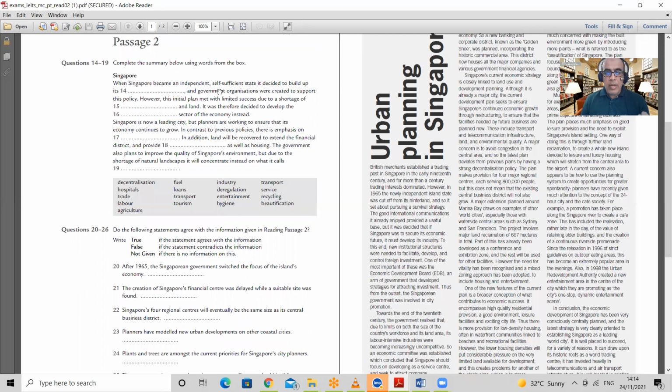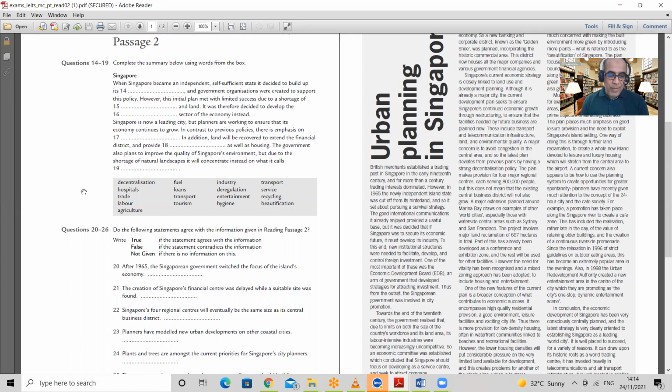You can see there's a text on your right and there is a summary on your left, from question number 14 to 19. This is a summary of the text on your right, and below you can see there's a box and you have to choose your answer from the box. We'll be looking at this question type in this video also.